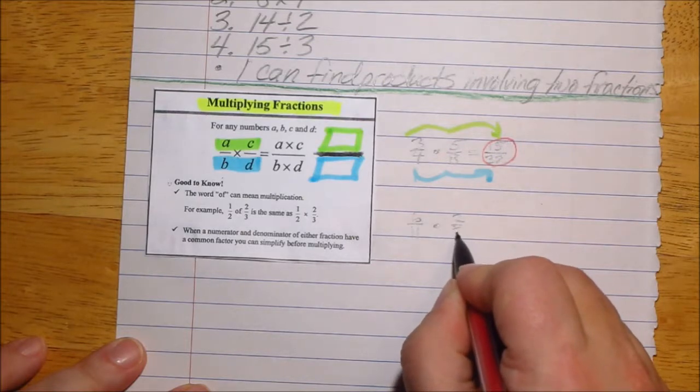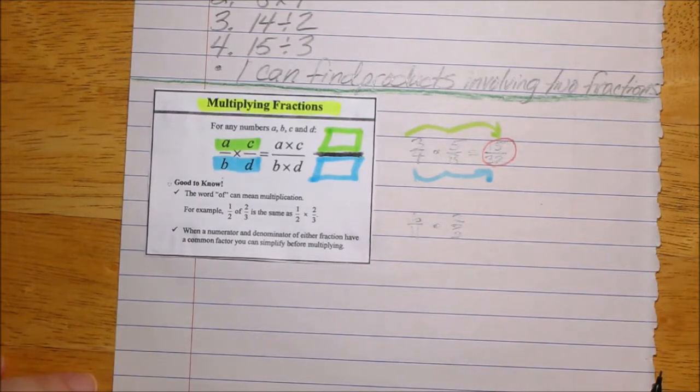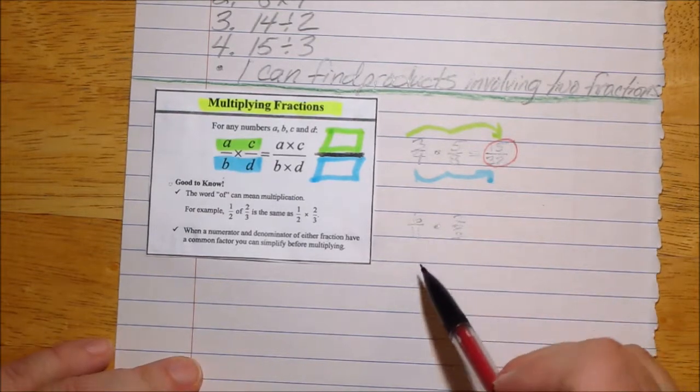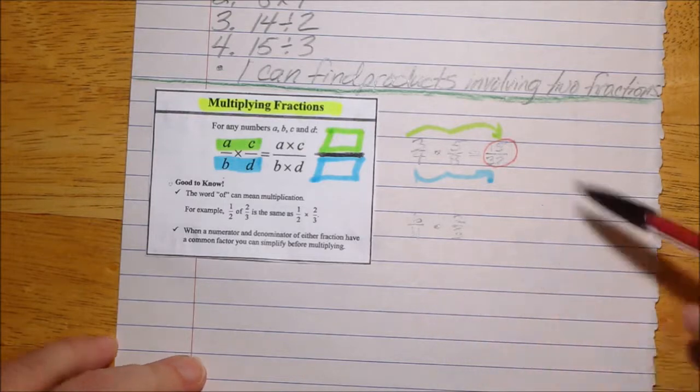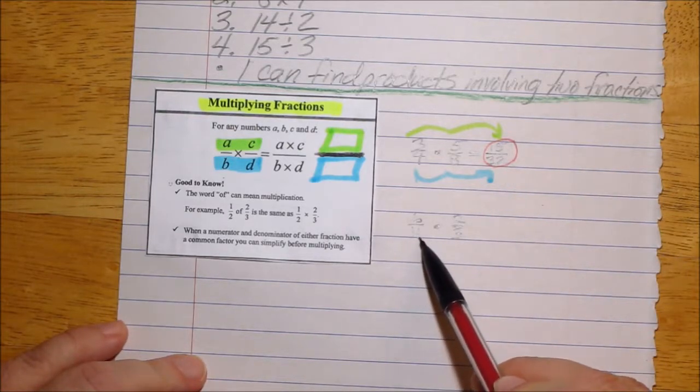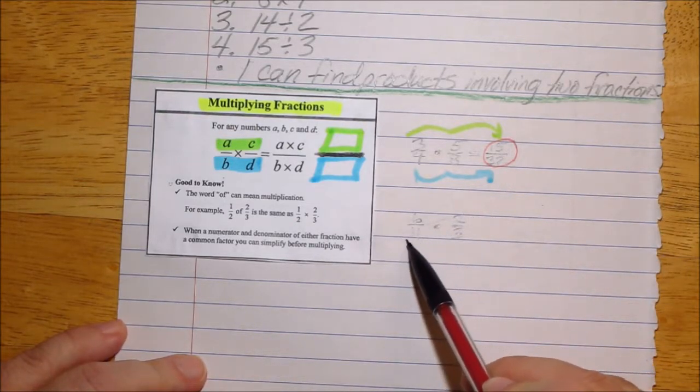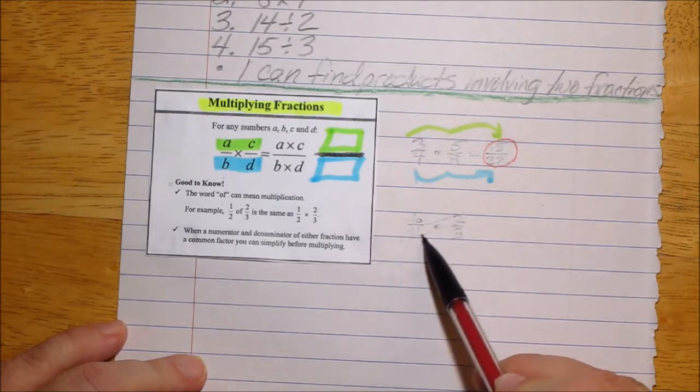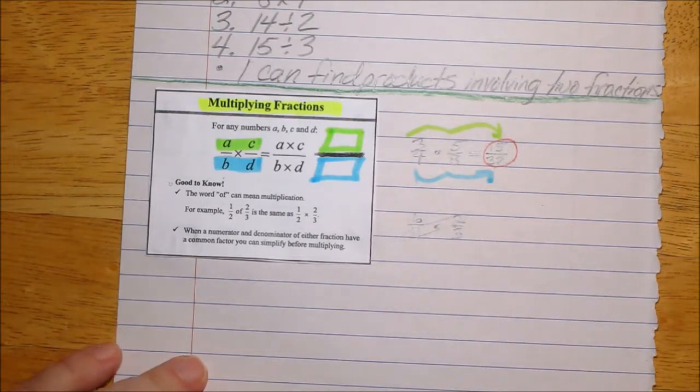All right, now think of this as reducing a fraction, only now we're going to look at things diagonally. So when I look diagonally at these two here, the 2 and the 11, if they were a fraction, is there any way we could reduce that, simplify that?